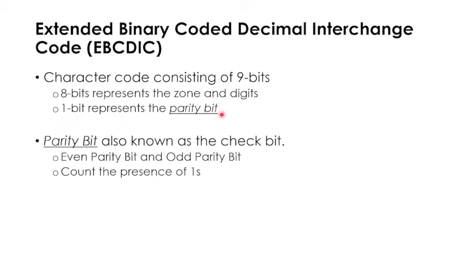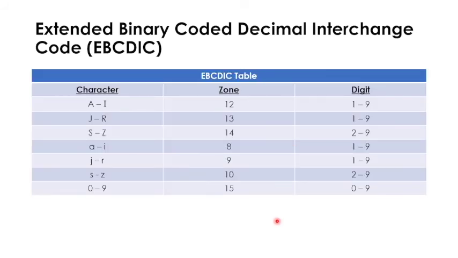Just like in the ASCII code, we have a parity bit, which we all know as the check bit. So here is the EBCDIC table. Here are the characters, the corresponding zone, and the corresponding digits.